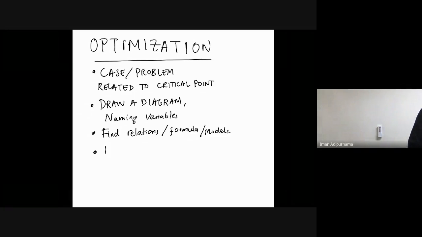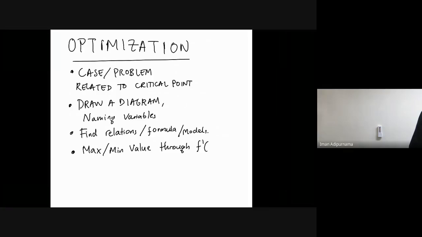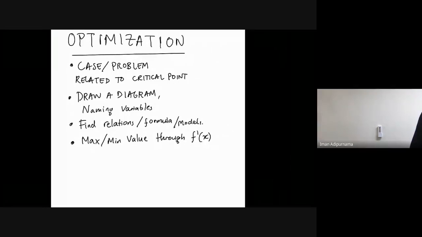And then find the max or minimum value through f prime of x equals 0. So this is pretty much the summary of this optimization.